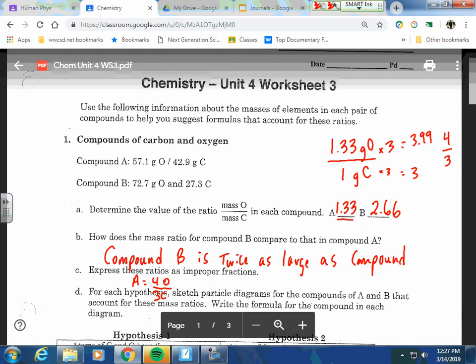Now let's try compound B, see what happens. So obviously, if I start with 2.66 over 1, that's not going to work. What if I multiply the top by 2? Do I get a whole number, or close to a whole number? 2.66 times 2, what is that?